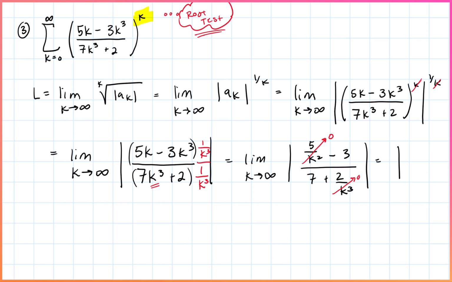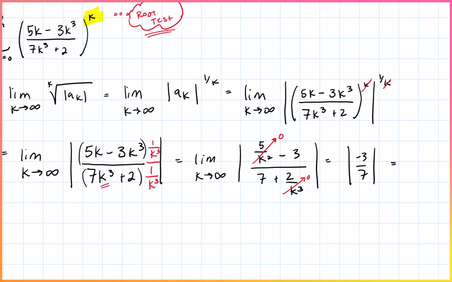This is going to be the absolute value of negative 3/7, which of course is just 3/7, which is less than 1. And when we get a value out that is less than 1, the series converges absolutely.